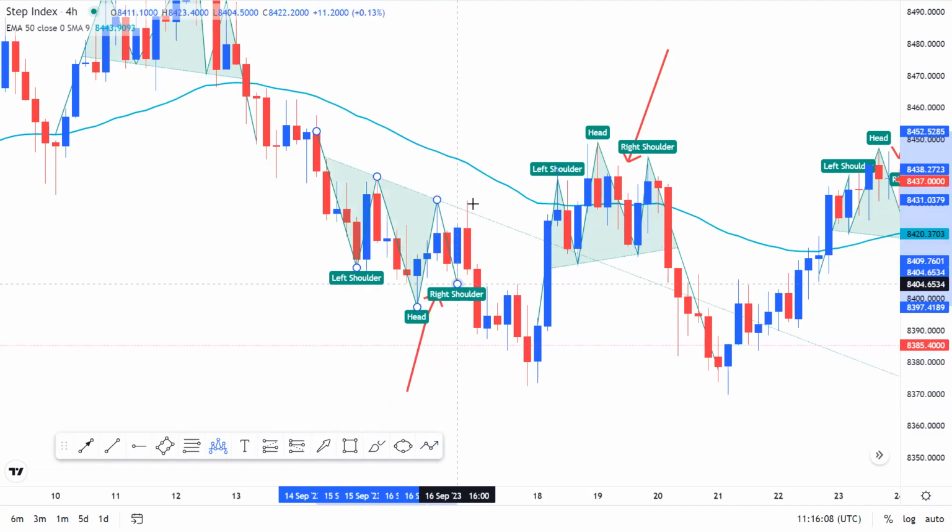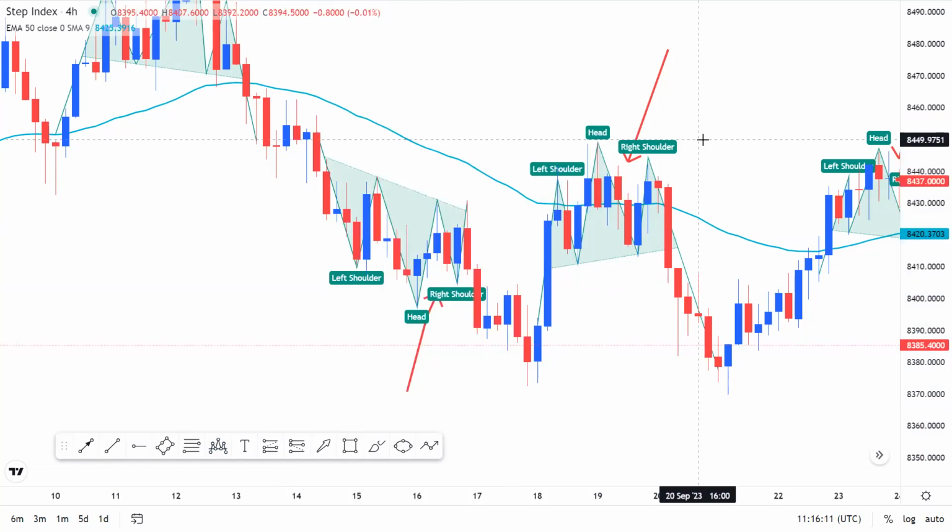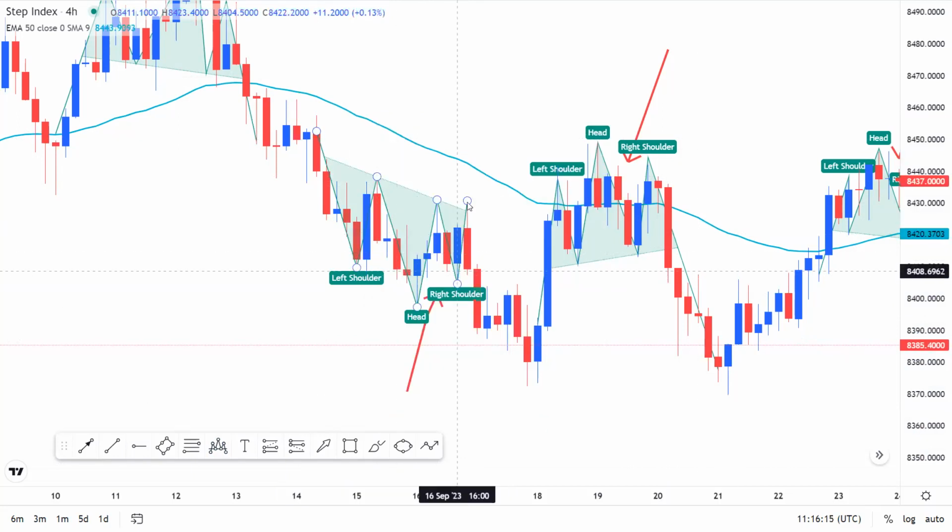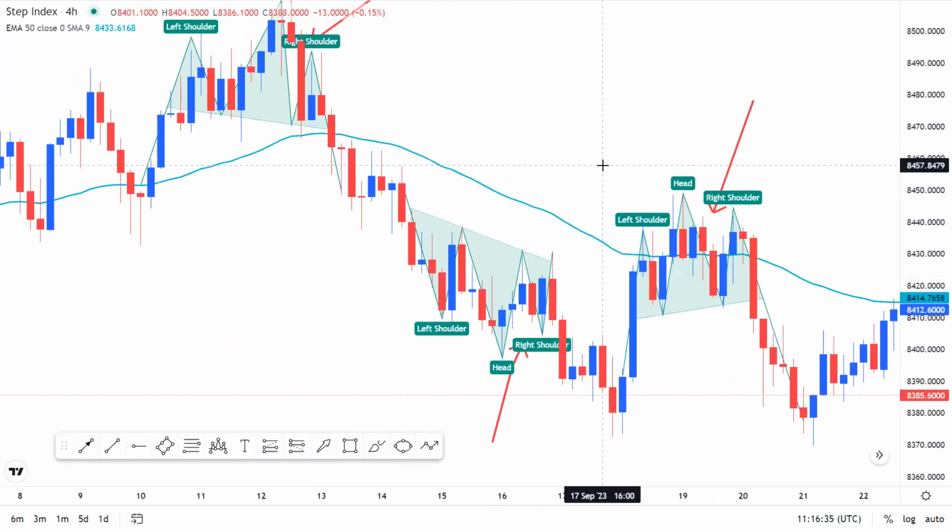And there are some few occasions where it will not end up going as expected. And this is one of these exceptions. You can see the left shoulder, the head, and then the right shoulder. Yet we did not see price change the trend direction and continue in a bullish move to the upside. So this is an exception where we have an inverse head and shoulder pattern that ended up not presenting us a trend reversal by movement to the upside.